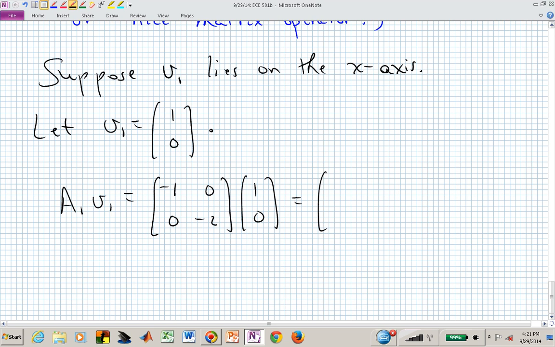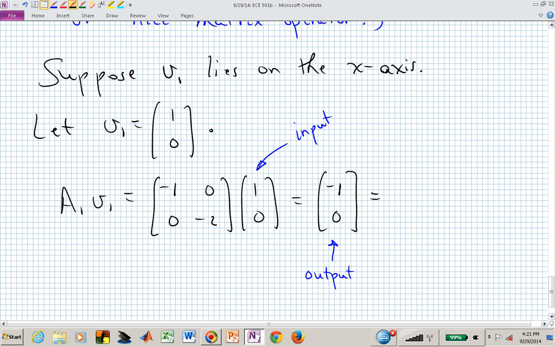If we view this x direction as an input, here is our output. If we think in terms of what we were talking about earlier in the class, this input vector is really just pulling off the first column of the two columns in our A1 matrix, which means that we're now just generating for an output (-1, 0).